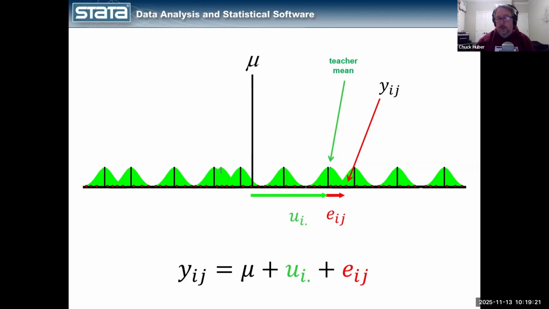And so what I'm going to do then is refer to this as U_i dot. The dot just reminds me that there is a j in the data set, the students, but I don't need it for the U_i's. It's just the distance between the teacher mean and the grand mean. So again, for a two-level model, all I've done is taken the same observation and broken it into three pieces: the grand mean, the distance from the mean to the teacher mean, and then the distance from the teacher mean to the observation.